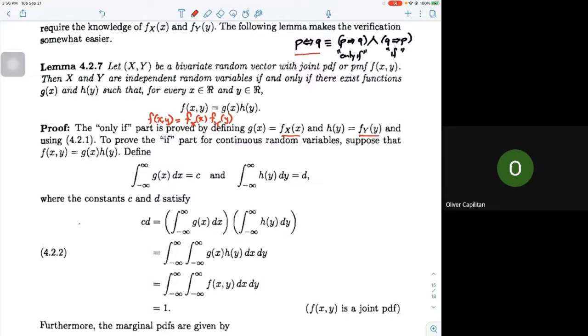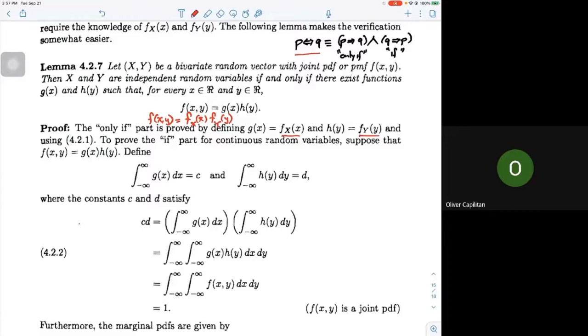And then where c and d are constants, okay, so satisfy this equality.